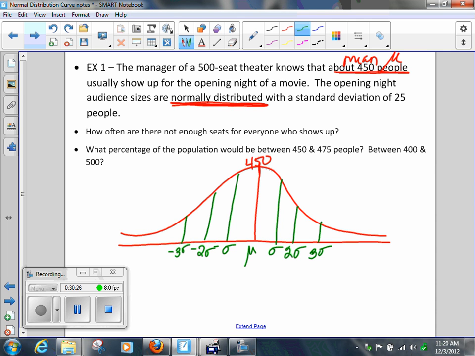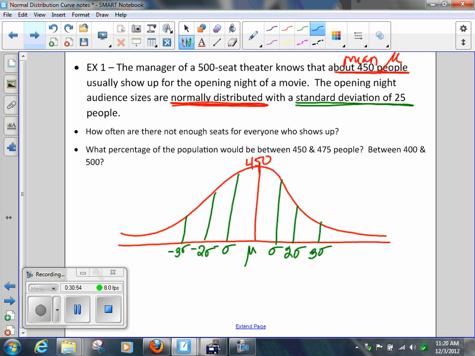Now that I have all those standard deviation things written at the bottom, so what do I do? Okay, here's what you do. It says the opening night audience sizes are normally distributed with a standard deviation of 25 people. This is the easy part. So easy. Watch this.